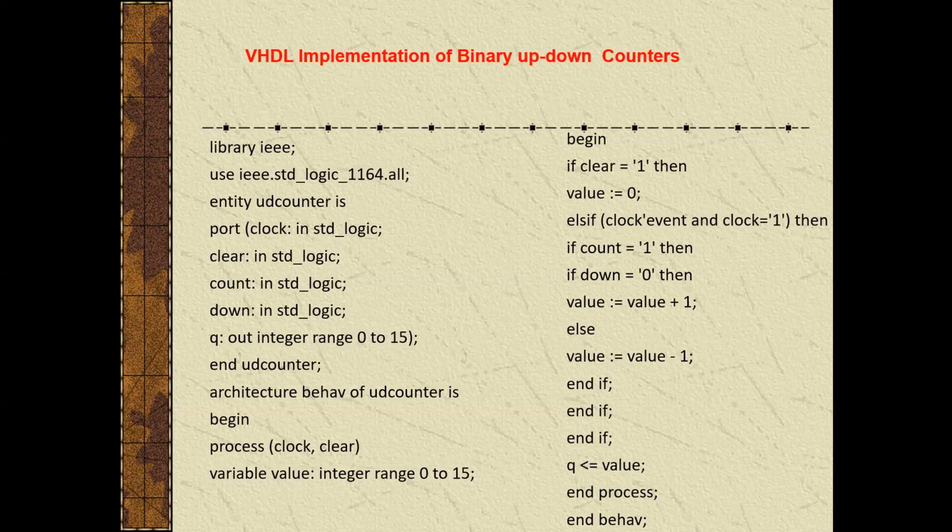Or if down equal to 0, then whatever the value is there, it should be decremented by 1. So we have to end the if. We are using multiple ifs, so we have to end with multiple end if statements.